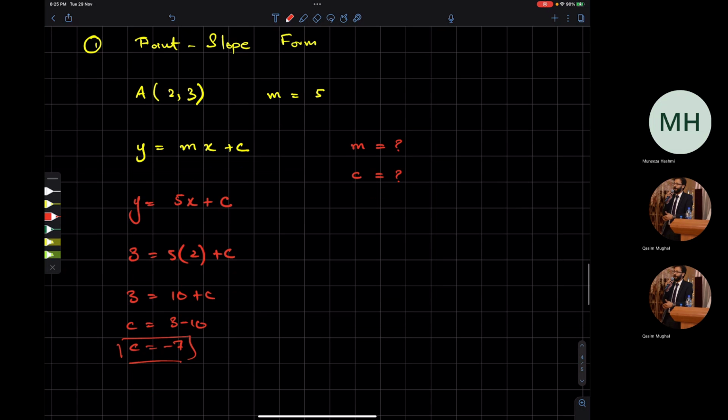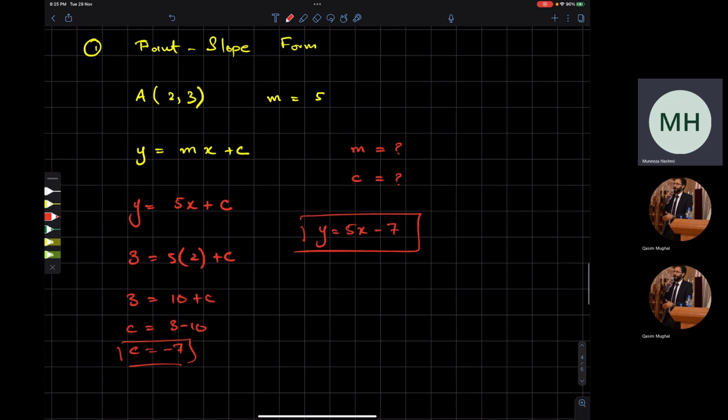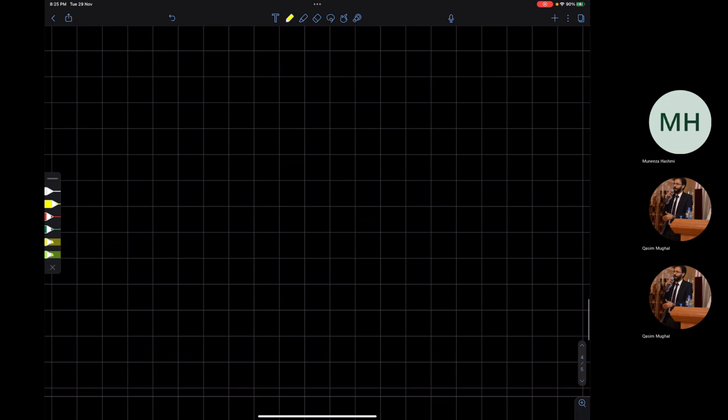So once you have the value of c, you can write down the complete equation, which is y equals 5x minus 7. Got it? Yes, sir. Clear? Yes, sir. Okay, and the next case was the 2 points form.